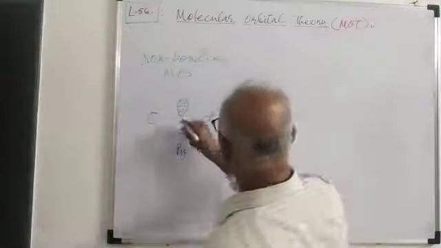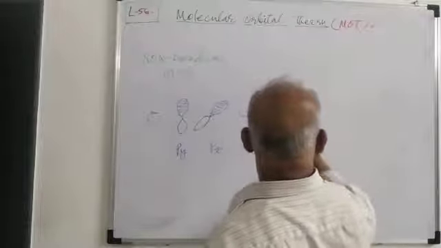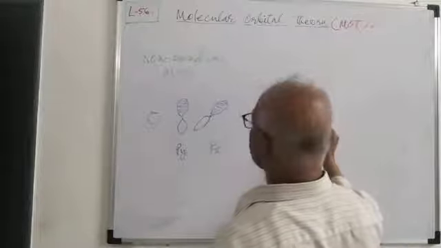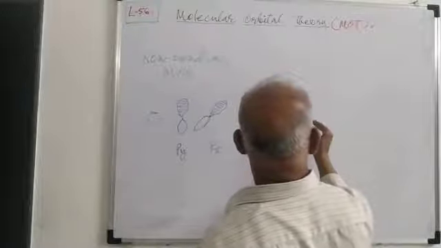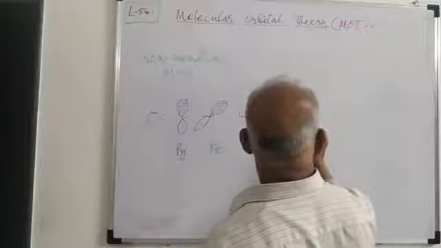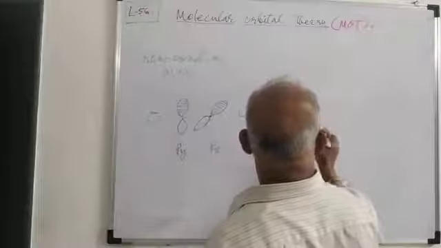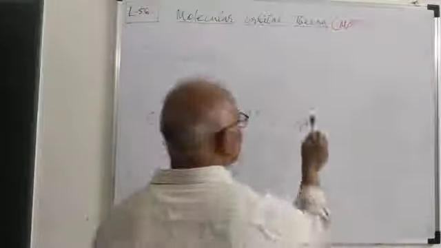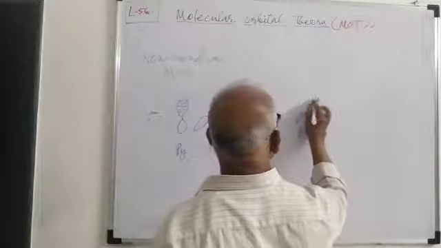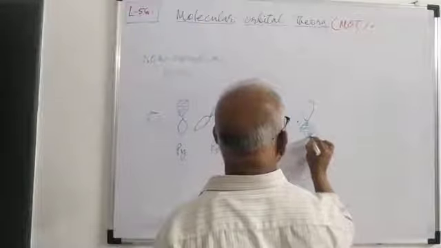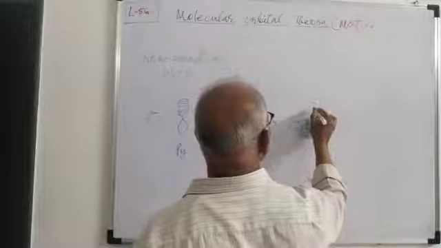So we can show this representatively here. That is an s orbital, this is an s orbital, and there is this p orbital. There is a very small amount of overlap. We can show this with negative signs, this is the negative sign of wave function, there is plus, and this is plus.